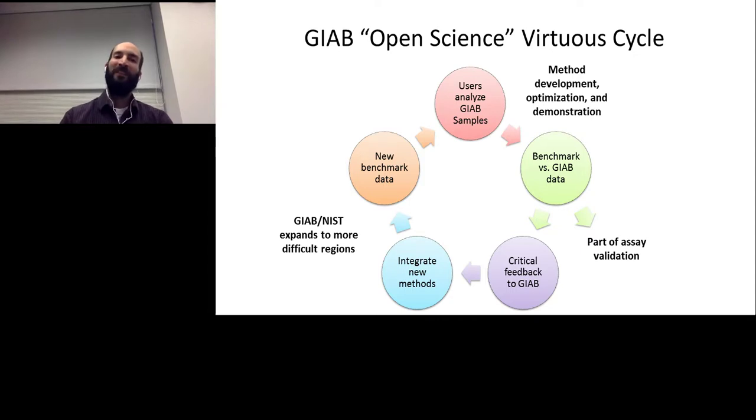And this is really important in genome sequencing because the technologies and the methods are evolving so rapidly. And so it's important for us to make sure that our benchmark data sets stay ahead of or keep up with the new methods so that anyone can benchmark the new methods and know how well they're doing for more difficult regions and for more difficult variants in the genome.